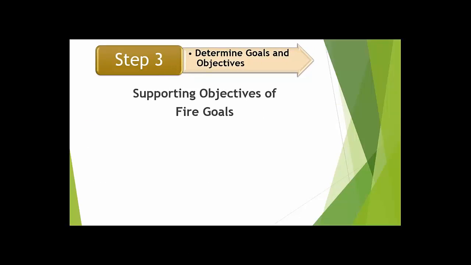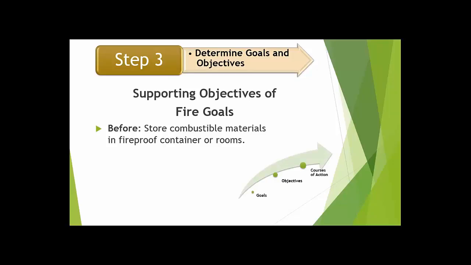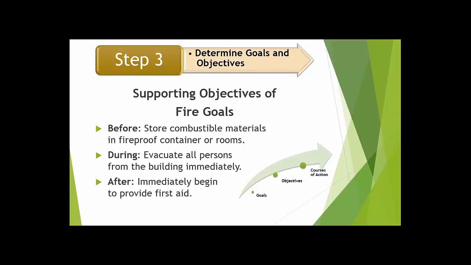Then you're going to want to identify several objectives to achieve each goal. You're going to have your before objective, possibly storing combustible materials; during, evacuating all persons from the building; and after, you might want to provide immediate first aid.